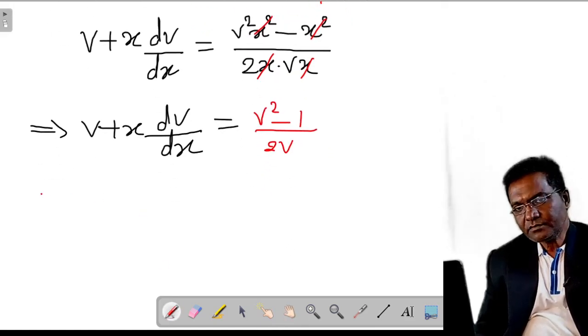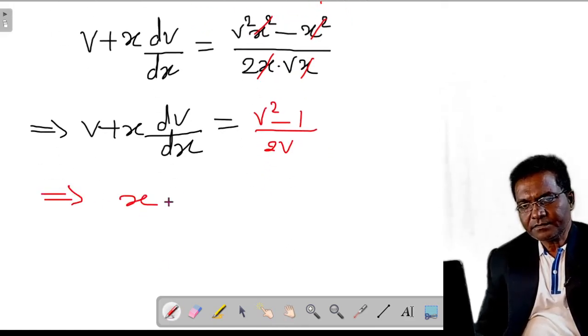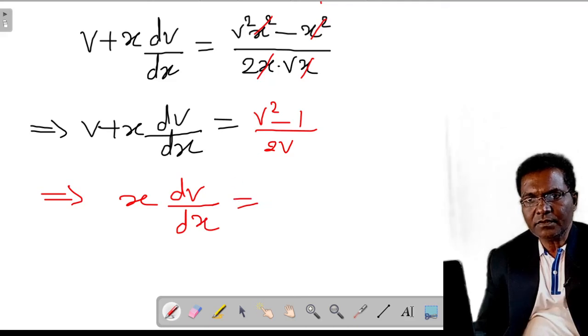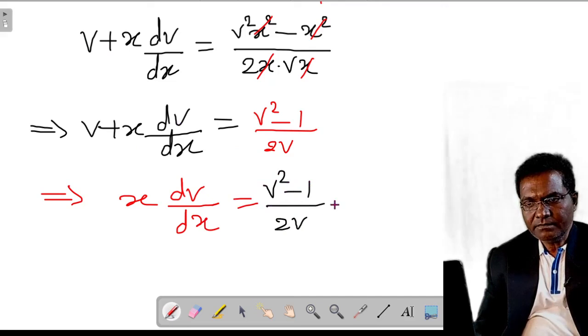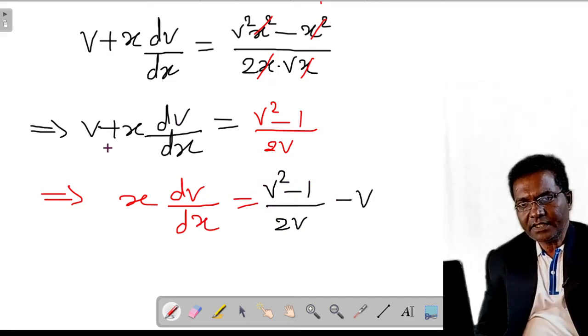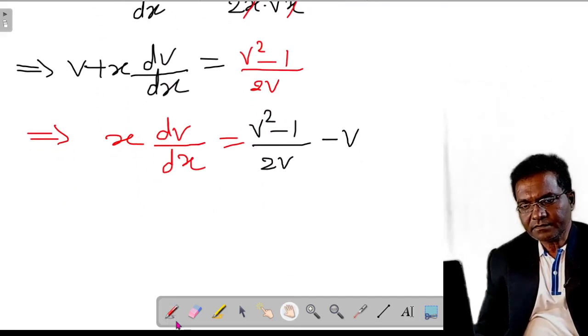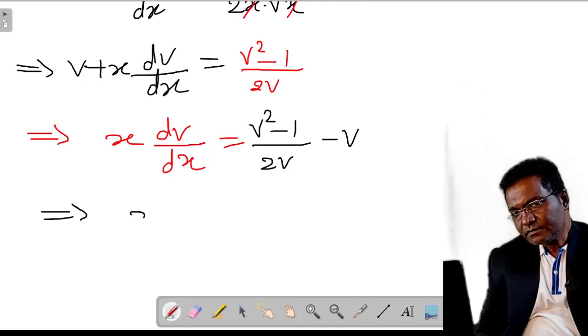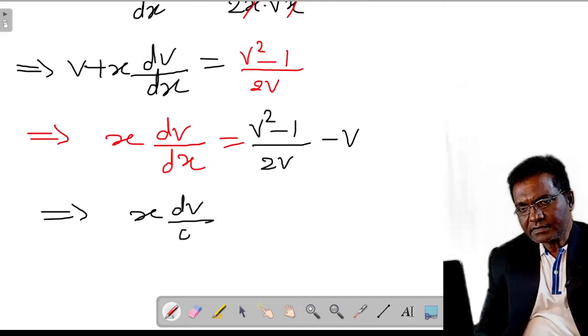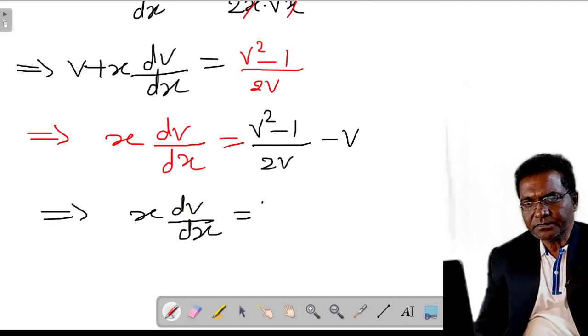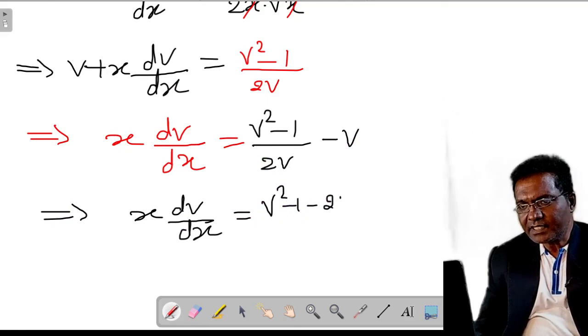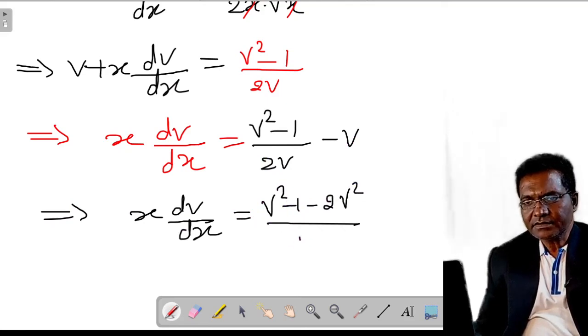Okay, separating the variables. First, v transfer this side, x dv by dx is equals to v square minus 1 by 2v, and this v this side minus v. X dv by dx is equals to v square minus 1, transfer this side, we take LCM, that is equal to 2v square by 2v.